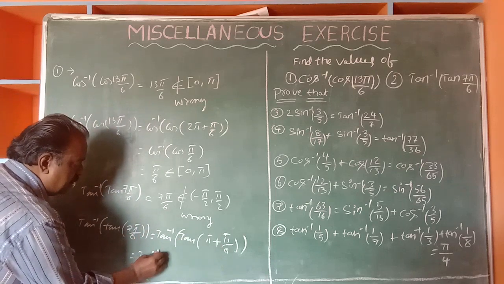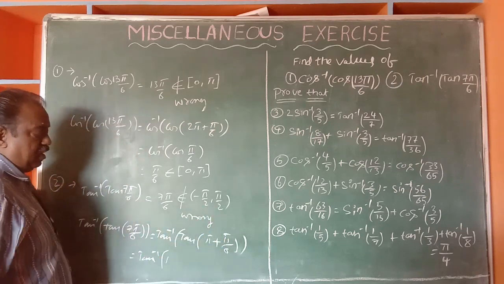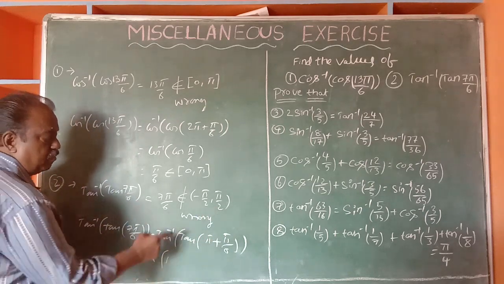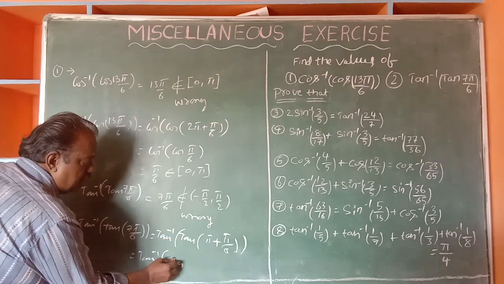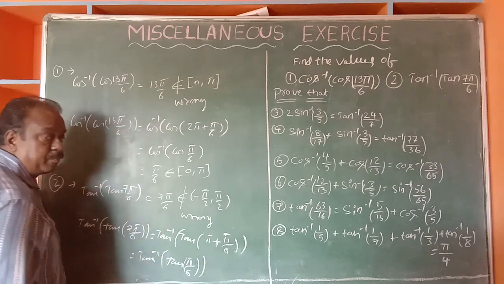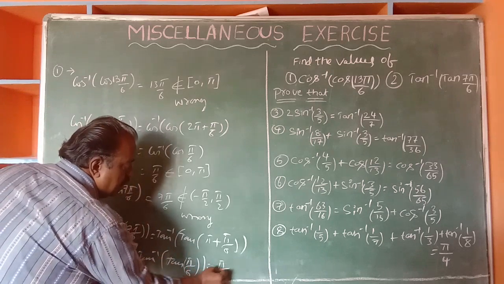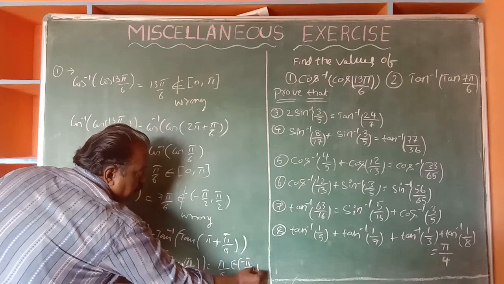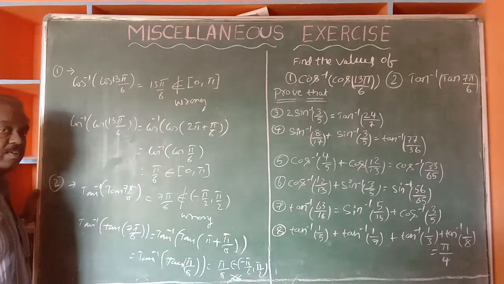Now it is tan inverse of tan of pi plus theta, that is tan of 180 plus theta, the third quadrant, all silver tea cups. Tan is positive in the third quadrant, so it is plus tan pi by 6 only. You agree? Yeah. Now tan inverse cancels, and we get pi by 6. Yes, this belongs to minus pi by 2 to plus pi by 2. So this is the correct answer.